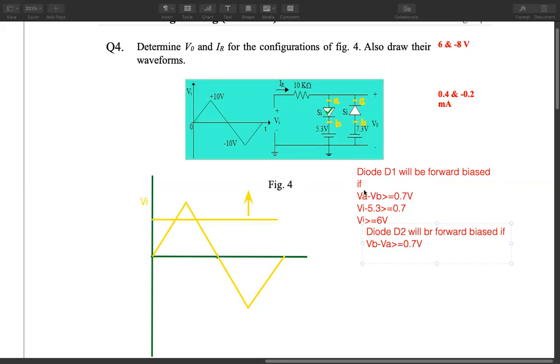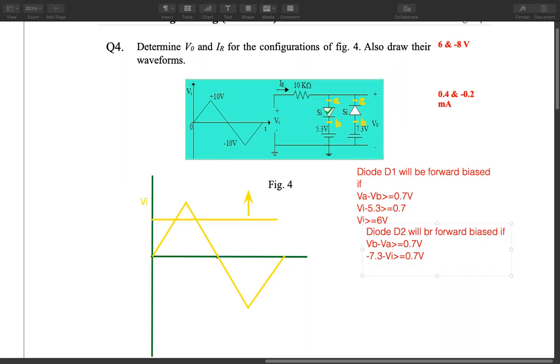Now at point B we have connected 7.3 volt, but its negative terminal is connected to point B. So we will write minus 7.3 volt minus VA. VA is simply connected to the input voltage. So minus 7.3 minus VI should be greater than or equal to 0.7 volt.